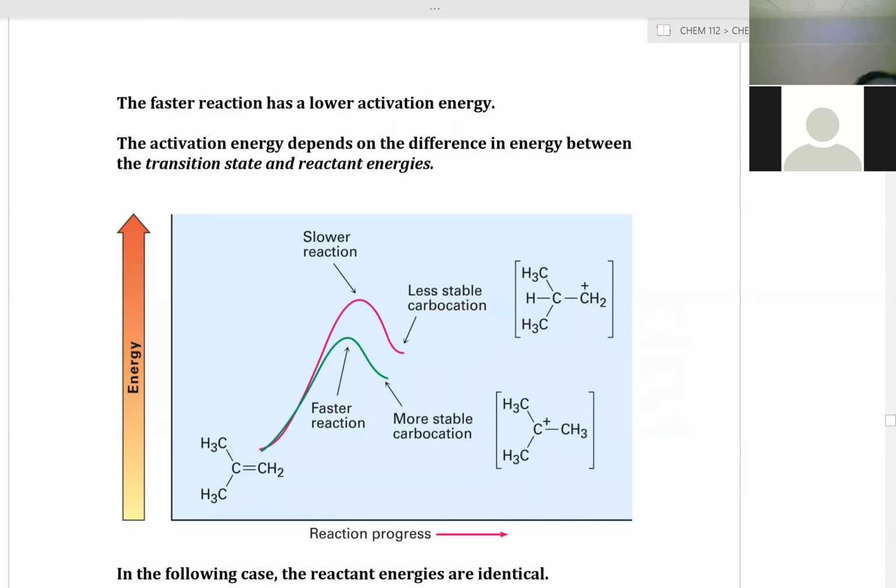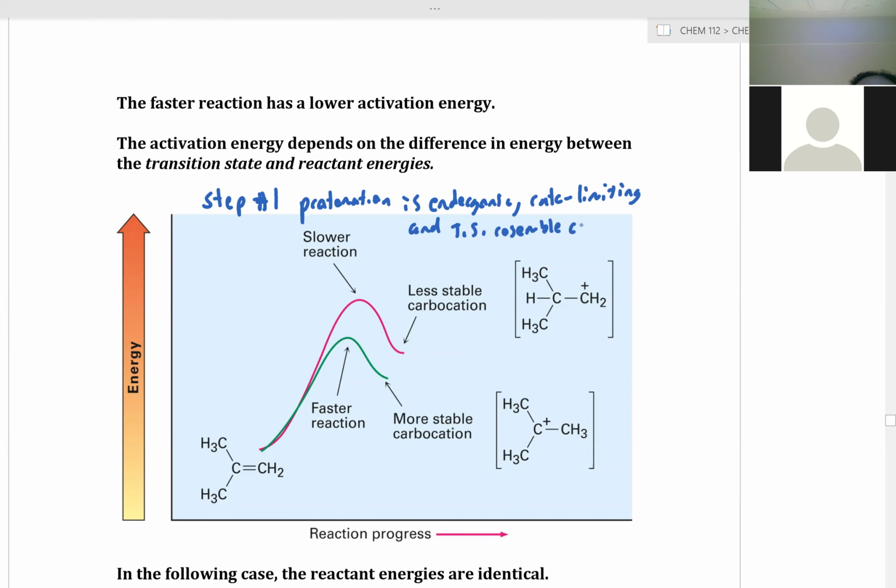From our previous discussion, step number 1, which is protonation, is endergonic, rate limiting, and the transition state resembles the carbocation intermediate. Right? That's what we've established from our previous discussion.